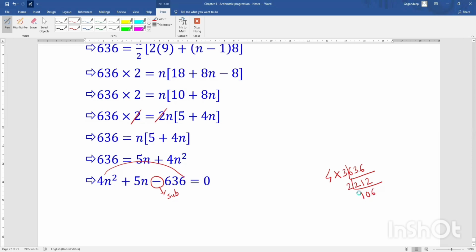And then we divide by 2 again: 2 fives are 10, 3.